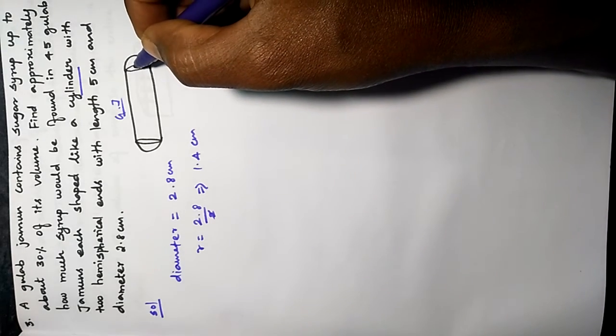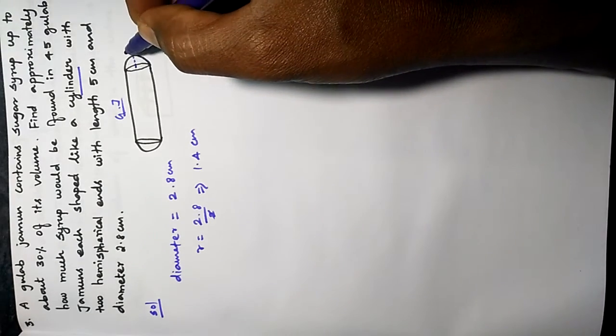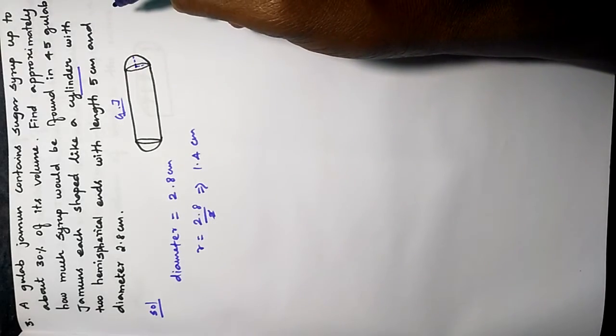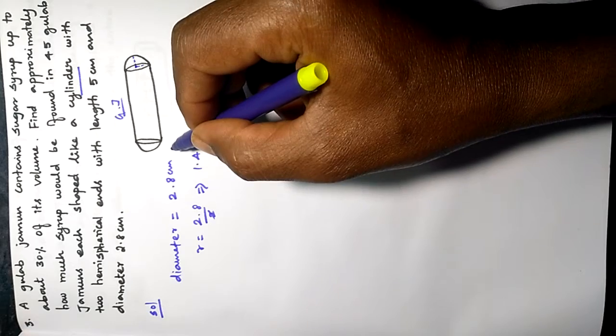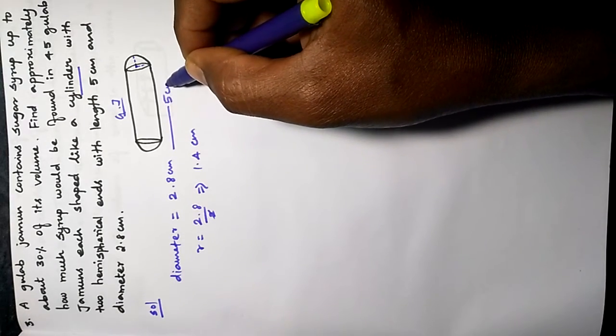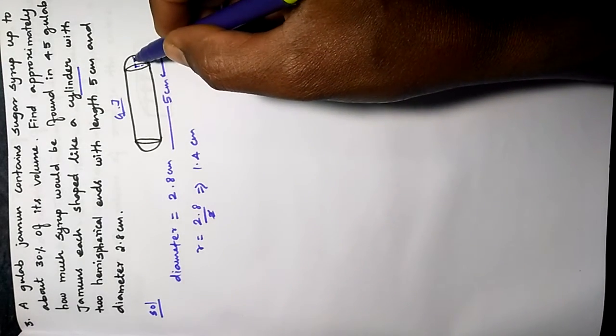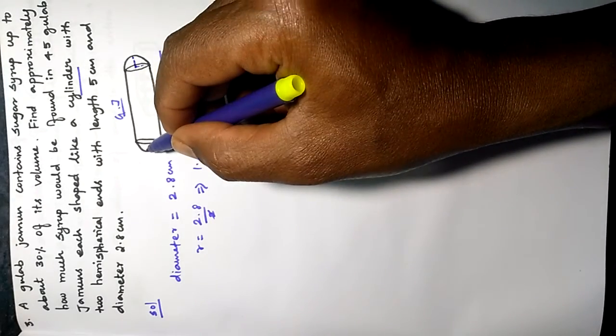because in a hemisphere, the height of the hemisphere is equal to the radius of the hemisphere, and we have to calculate the height of the cylinder here. The total length is given, how much here? 5 centimeter. If you subtract the heights of the hemispheres on both sides, you will get the height of the cylinder.